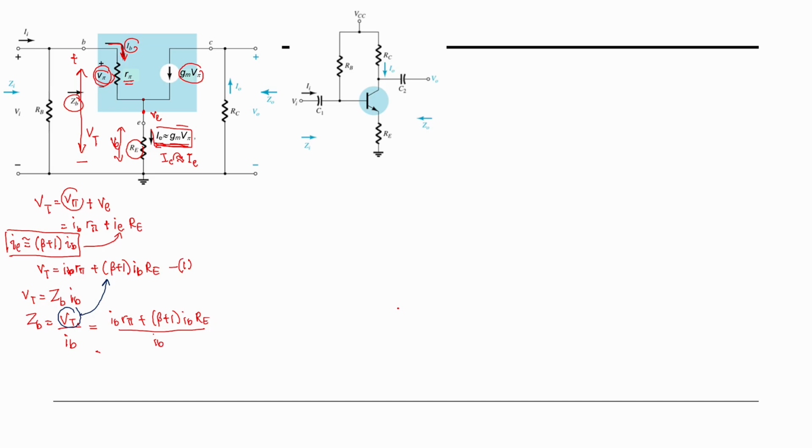So now, can we simplify this equation? Yes, right? We can cancel all the IB. So you don't have to find the value of IB. This IB can be factorized and cancelled out, and we get our final equation for ZB to be R pi plus beta plus 1 RE.